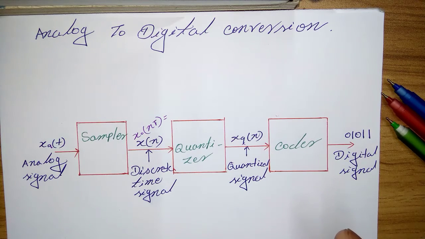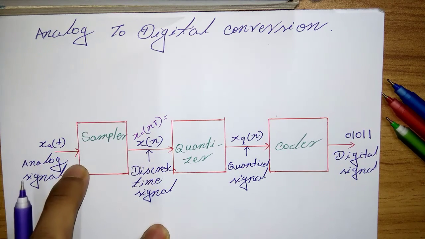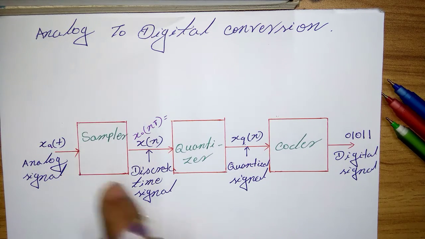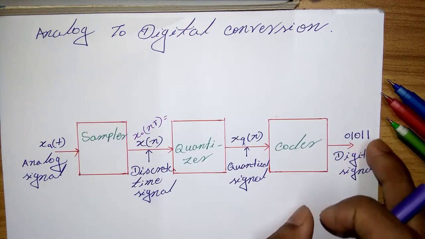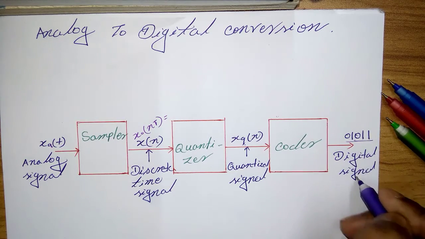Although we model the AD converter, meaning analog to digital converter, as a sampler followed by a quantizer and coder, in practice the AD conversion is performed by a single device that takes xa(t) and produces a binary coded number. The output is a binary coded number, which is a digital signal.